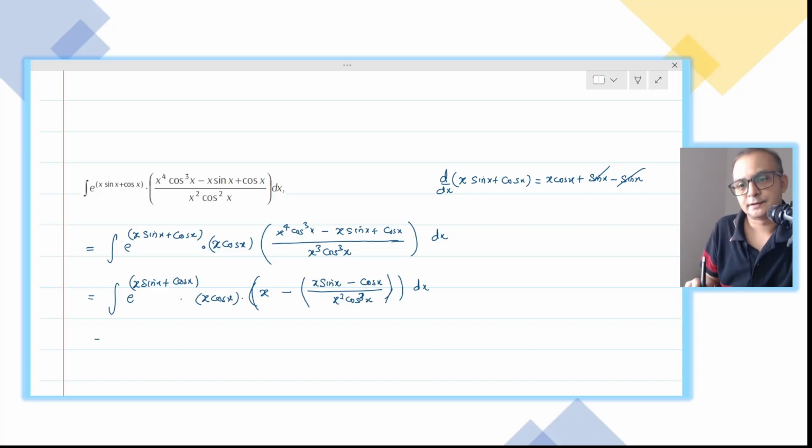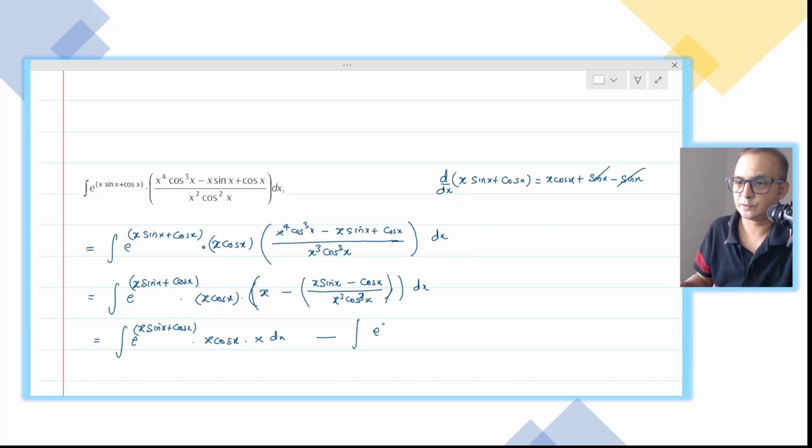So we are doing it like this: e to the power x sin x plus cos x into x cos x into x dx, and the other integral I have is e to the power x sin x plus cos x into x cos x into this whole thing, x sin x minus cos x divided by x cube cos cube x.